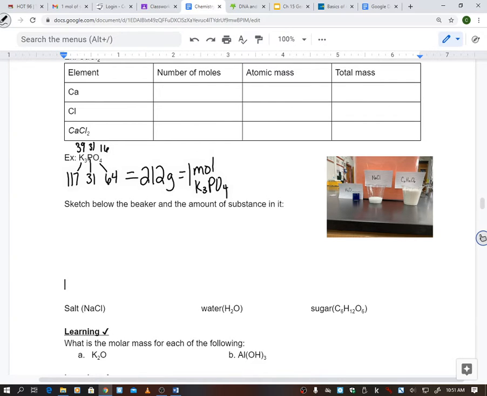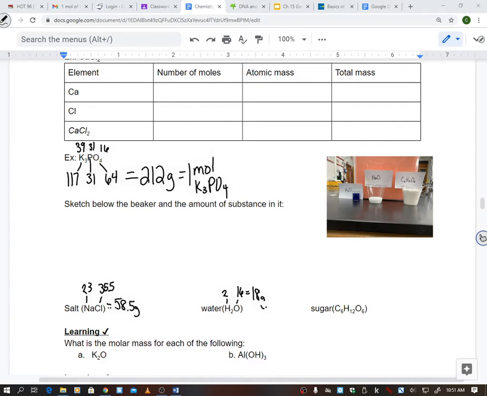So first, salt, for example. Let's figure out how much salt weighs, the molar mass. We've done this before, and sodium is 23, chlorine is 35.5, so this is going to equal 58.5 grams. Water, hydrogen is 1, but there are 2 of them, so it's really 2. 16 for your oxygen, so 18 grams is my molar mass.